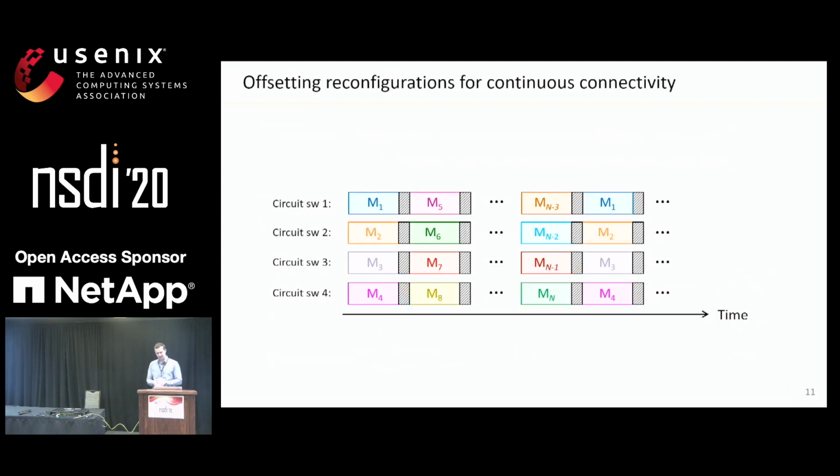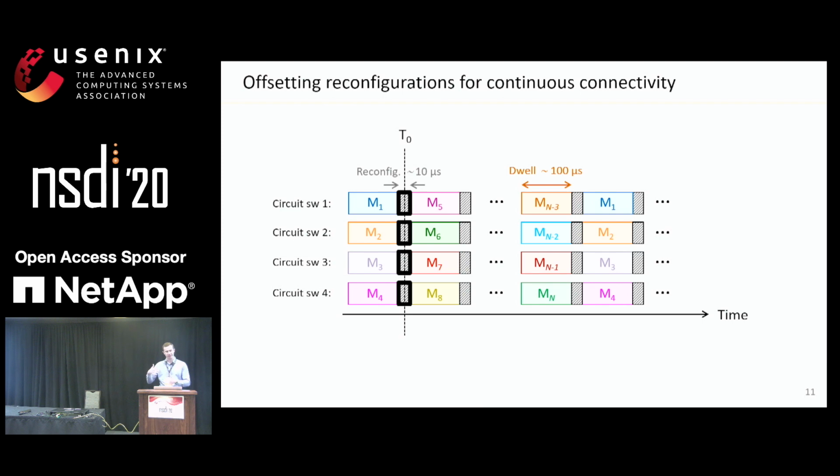Now we have this deterministic sequence of matchings that repeats over time, but there's one other piece we have to consider, which is that circuit switches take a non-zero amount of time to reconfigure. During this reconfiguration time, they can't carry any traffic. For state-of-the-art circuit switch technologies, that can be on the order of tens of microseconds.